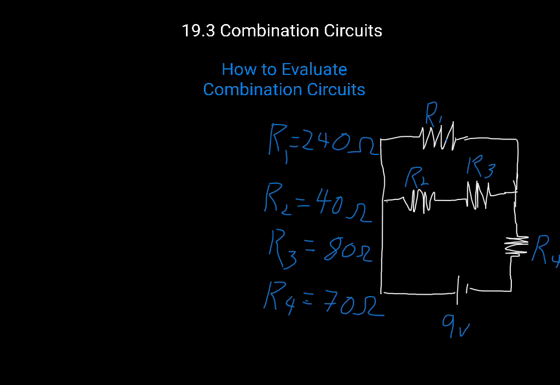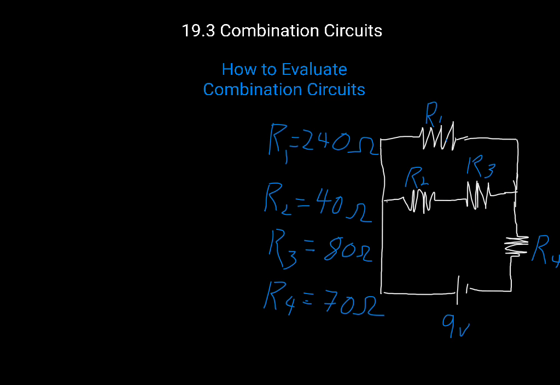Now, if we follow the top route that the electricity can follow, there's only one resistor there. So there's not any sort of simplification we can do on that one resistor. That we're just going to leave as is. If we follow the middle route, though, we see that there's R2 and R3 in series.